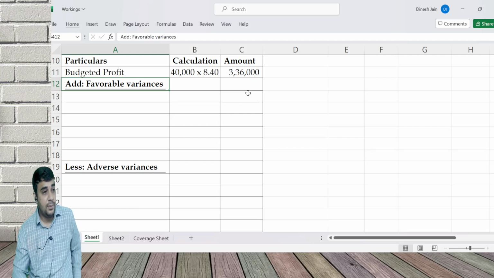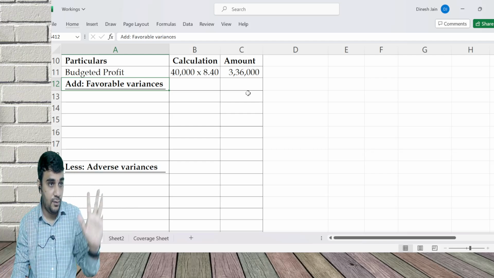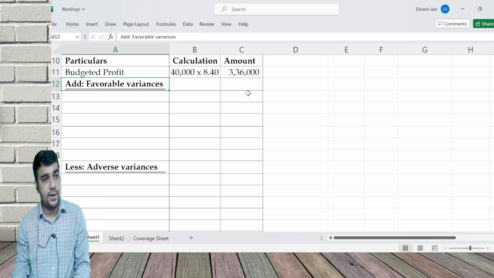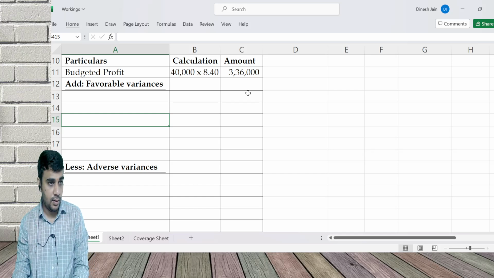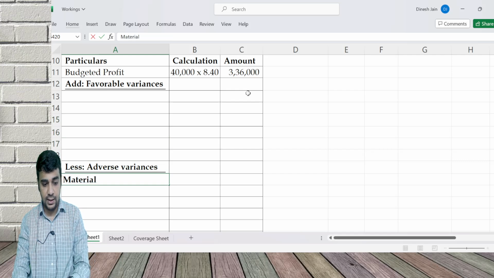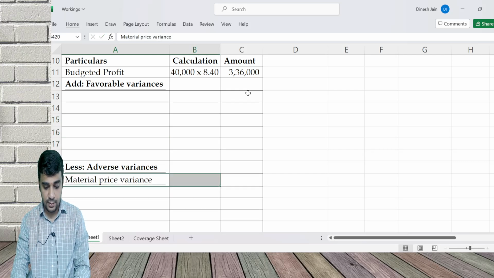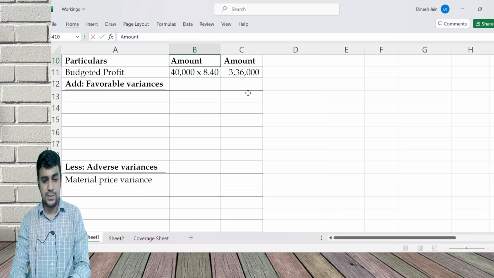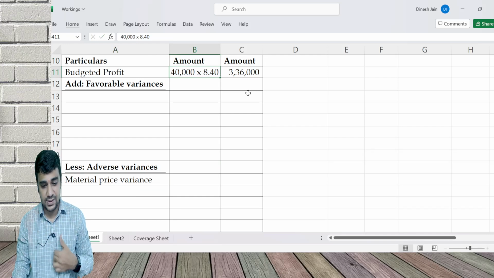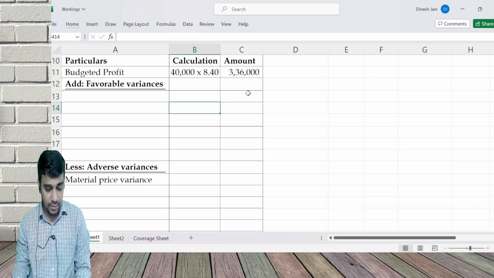Okay, tell me the first variance in material, not the main variance, the sub variance. How much is the material price variance? Adverse, material price variance. You could keep it as particulars amount also rather than keeping it as calculation. Material price variance, how much?